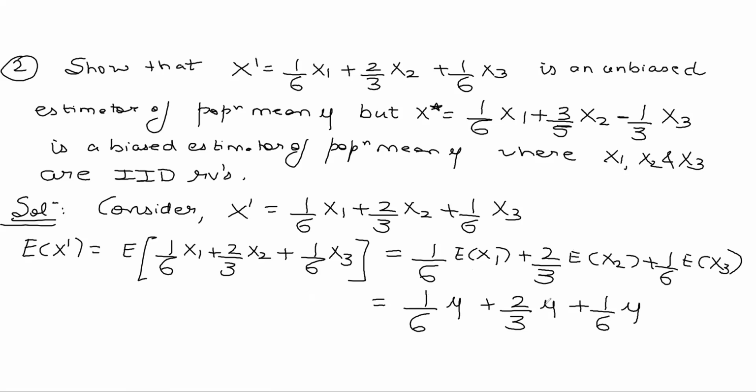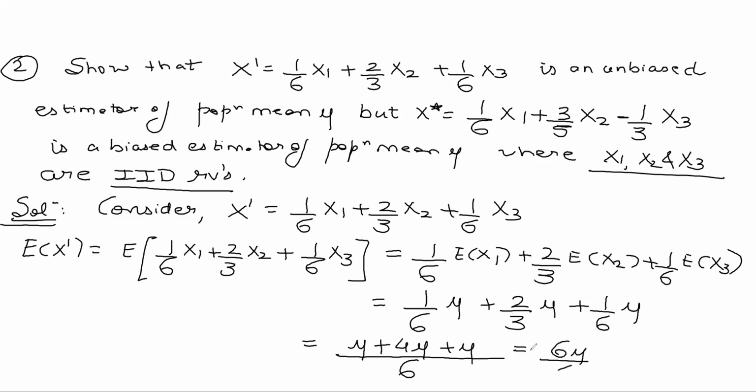Why are all of them equal to mu? Because x1, x2, x3 are independent and identically distributed random variables. All these three have identical distribution, so their expected values are all equal to mu. Now if I solve this, 6 is the LCM, mu plus 4 mu plus mu, which is 6 mu by 6, which is equal to mu.